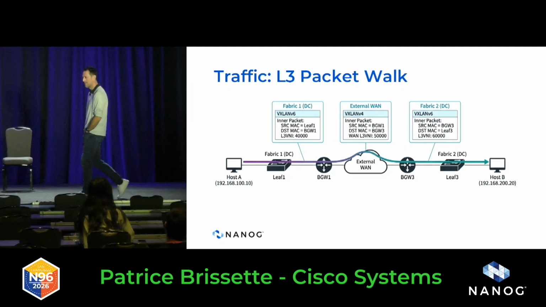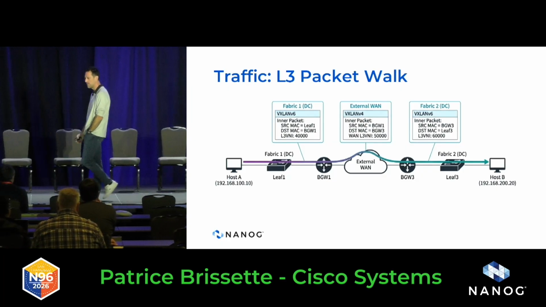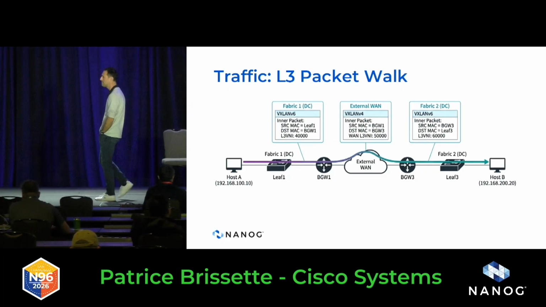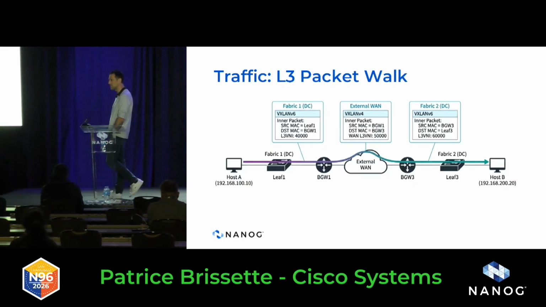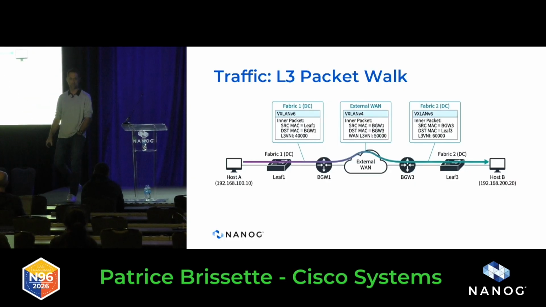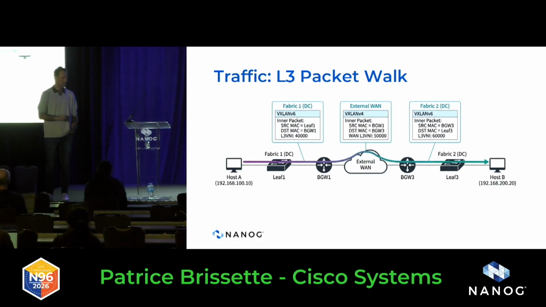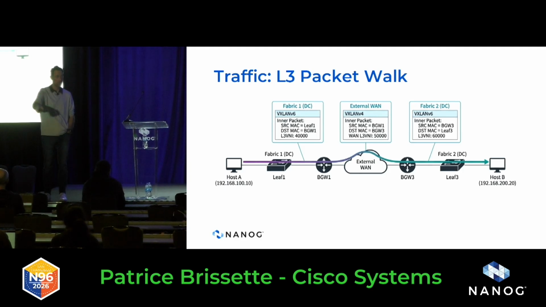Because that's how the VXLAN pipeline was designed multiple years ago, you need to make sure that the destination MAC is the right one, which is the router MAC of where you're going.